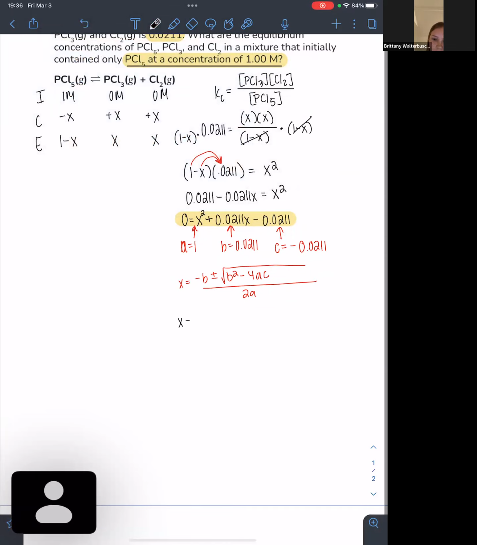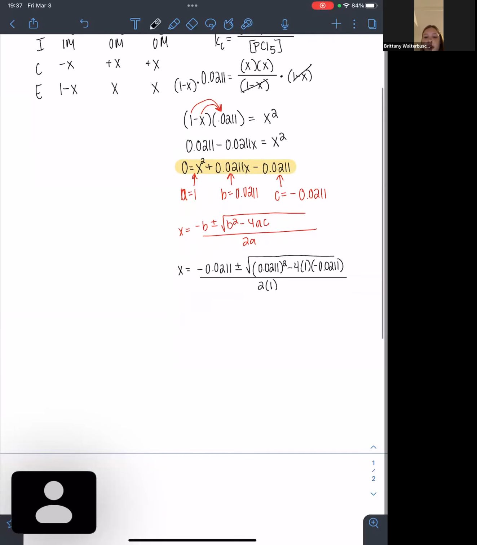So x is going to equal the opposite of b plus or minus the square root of b squared minus 4 times a, which is 1, and times c. And then that's all going to be over the 2a.